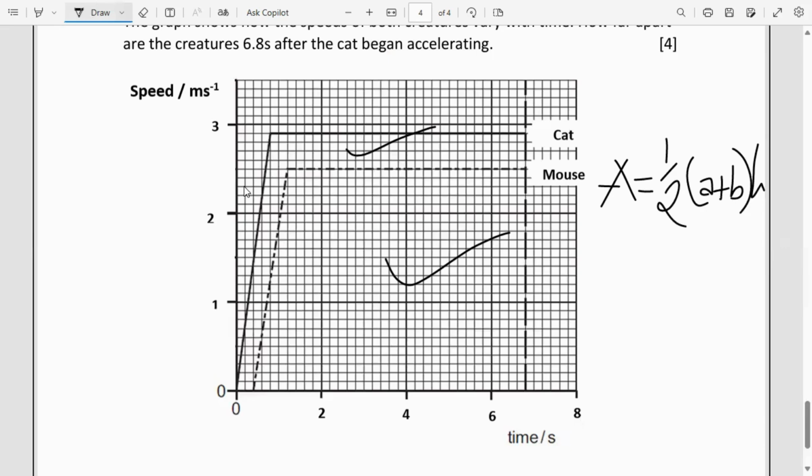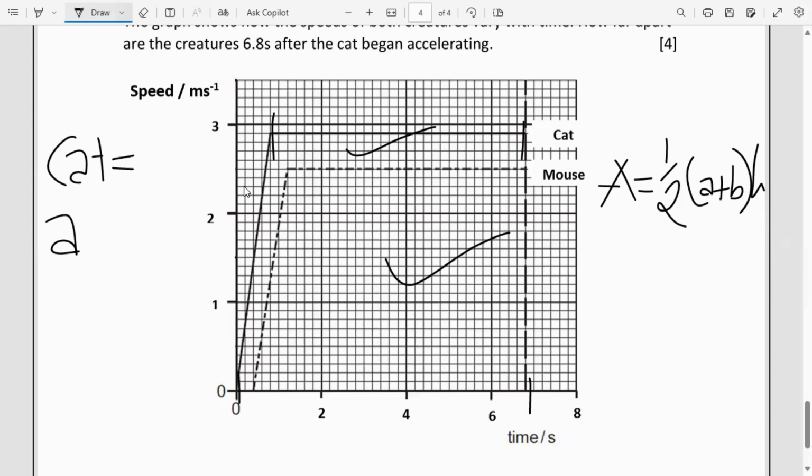But let's take note. If we are considering A as this distance which is on top here of our trapezium, and B this distance which is down here, what are we going to take note of? We're going to find that the one for the cat, A, is equal to what? A is equal to from this line here. This graph is already drawn to scale. So what is that line depicting?